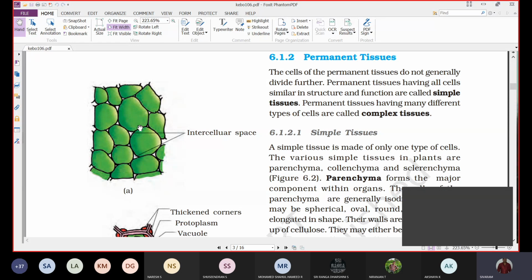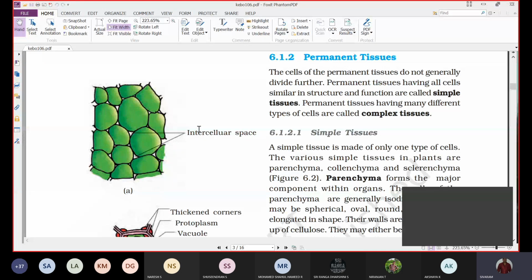For example, the epidermal cells are very closely associated without any intercellular spaces. But the parenchymal cells present in the cortex, medullary rays or pith show some intercellular space between the cells. Even in the mesophyll of the leaf, we find parenchyma cells with intercellular spaces.